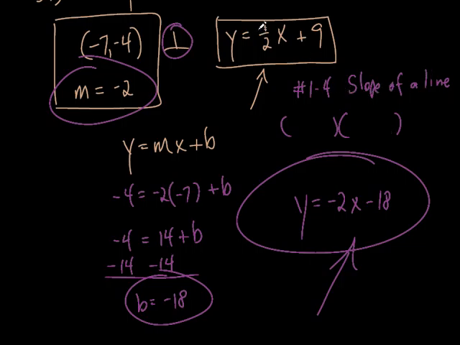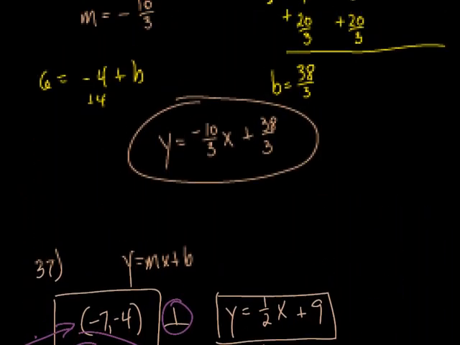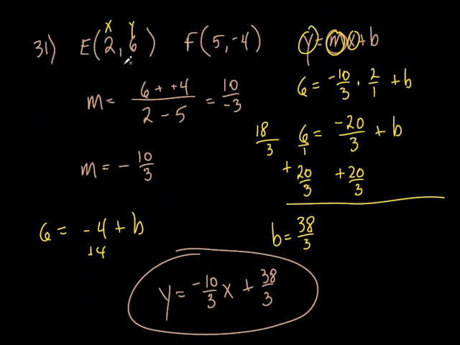Then you're going to have at least 1 problem like this, the one we just finished doing. Okay, and you'll have a couple other ones like we did too. We'll have a couple, maybe more than a couple, where I give you 2 points. You have to find the equation of a line. But I'm not always going to ask you for slope-intercept form. What's the other form I could ask for? I could ask for a point-slope form as well, right?